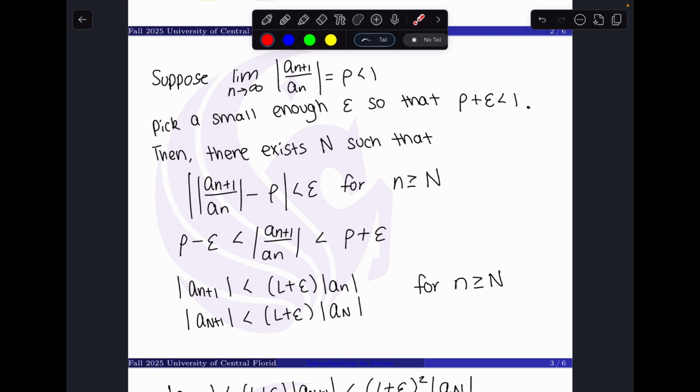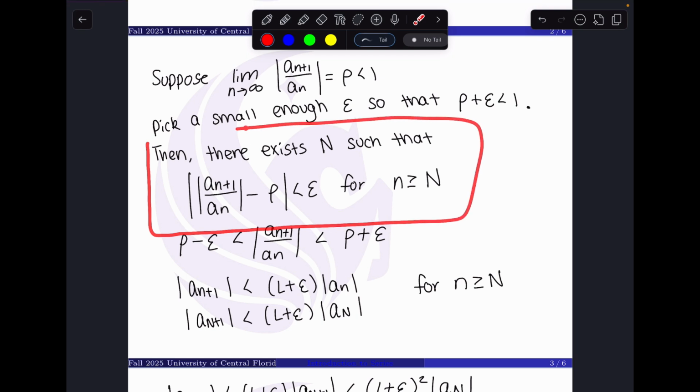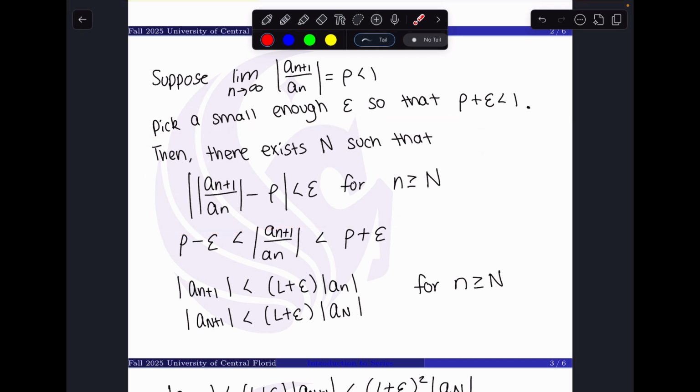If we think about the definition of this limit existing, then we know there is going to exist an N such that, essentially think of this as the absolute value of f of x minus L being less than epsilon. So we have the absolute value of a sub n plus 1 over a sub n minus rho, our limit. The distance between those two things is going to be less than epsilon for n greater than or equal to N. This is also a definition of the limit existing for sequences.